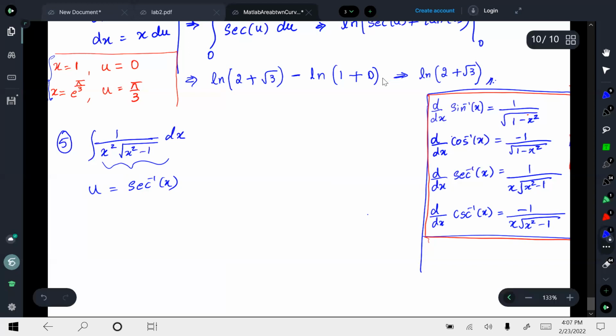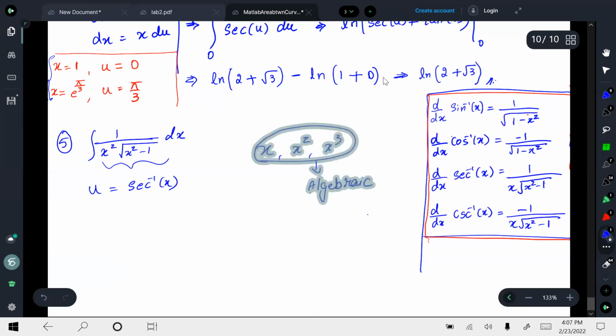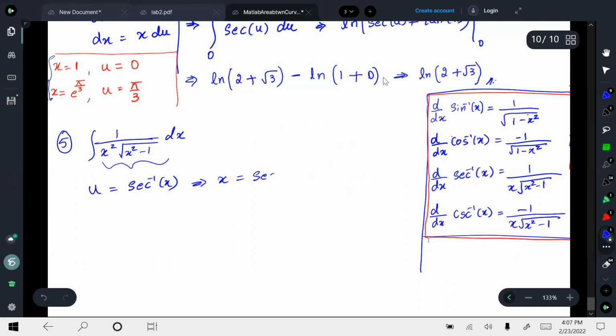So anything in terms of x, like x, x squared, x cubed, whatever it is, these are all algebraic. Now u equal to secant inverse of x, or I can take x as secant of u. Both are the same.